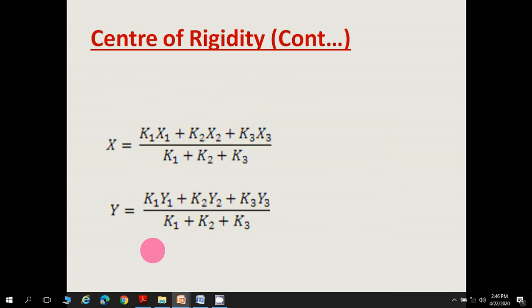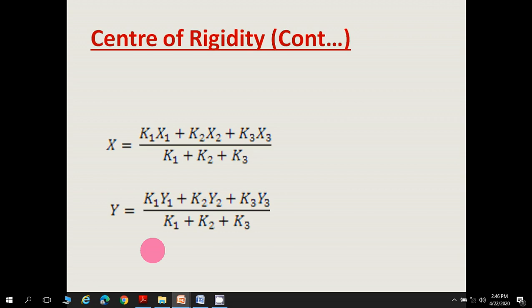Center of rigidity is also given by K1 x1 plus K2 x2 plus K3 x3 divided by K1 plus K2 plus K3, where K1, K2, K3 are the stiffness of the walls, and x1, x2, x3 are the centers of stiffness of those particular walls.